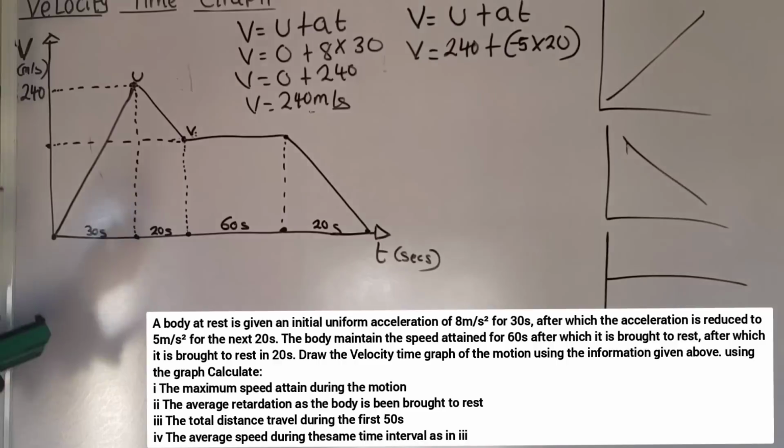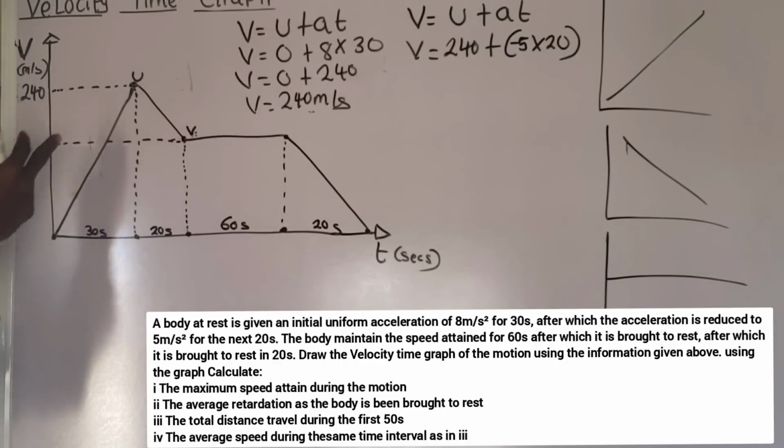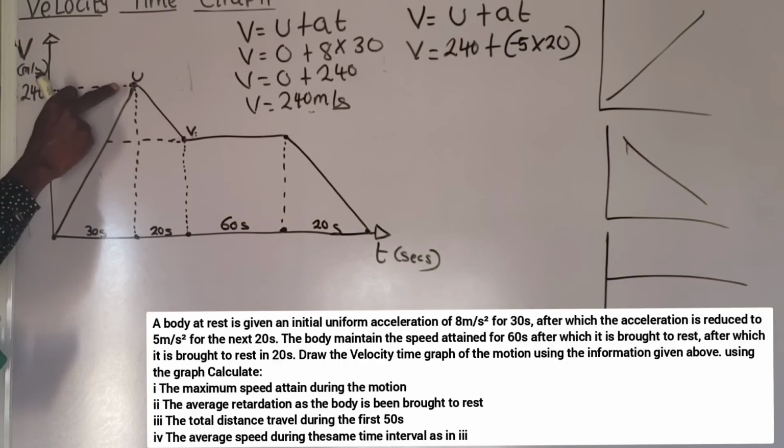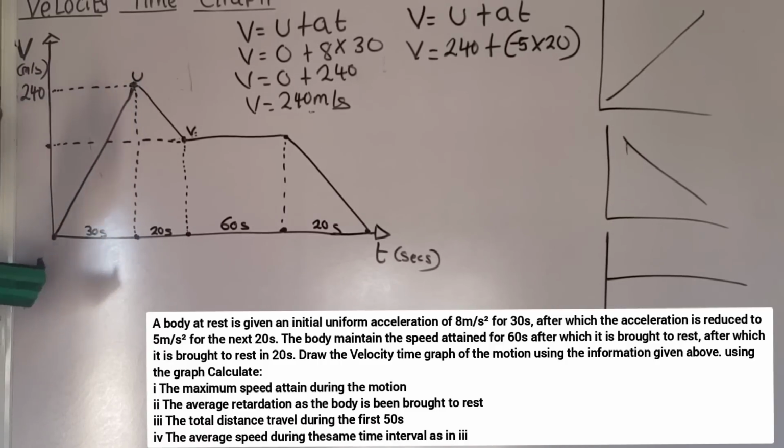If you didn't understand, listen to the explanation again. Don't forget that in the question, we are told that the body, having attained this velocity, having accelerated for 8 meters per second, now the acceleration reduced to 5 meters per second. That acceleration is what I call retardation or deceleration.